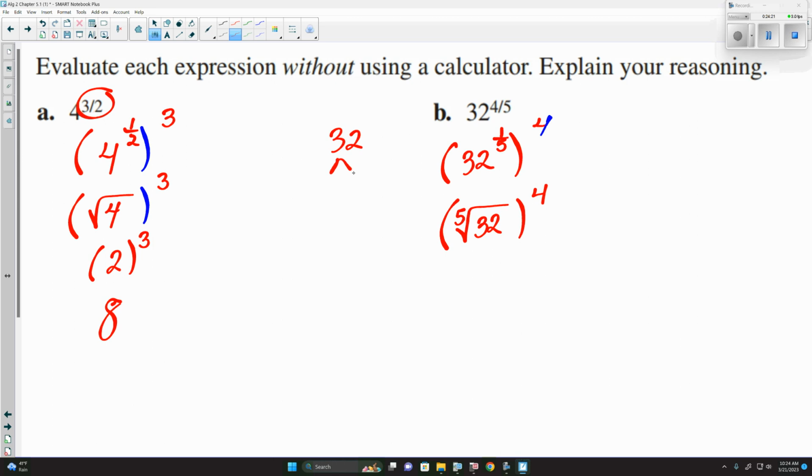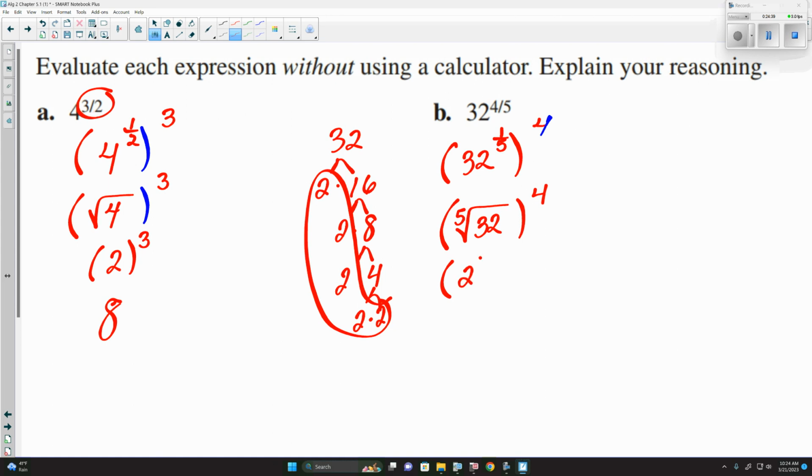So we can do a factor tree, because 2 would be 2 and 16. 16 is 2 and 8. 8 is 2 and 2 and 2. And how many 2's do we have? 5. So the 5th root of 32 is 2.